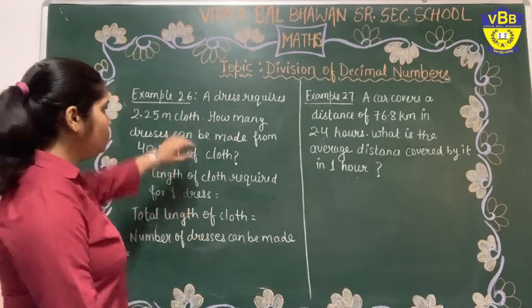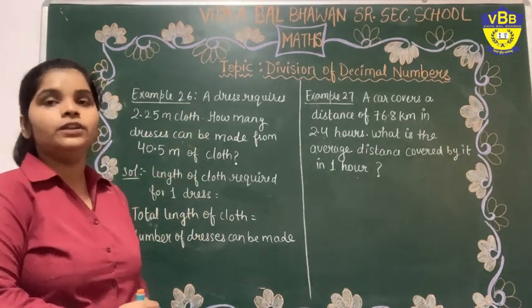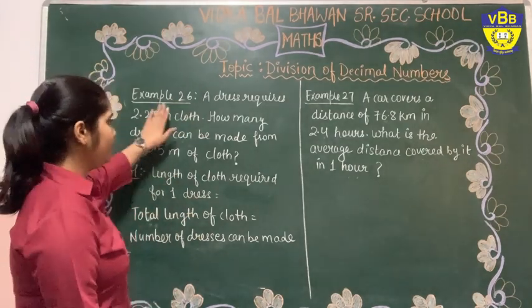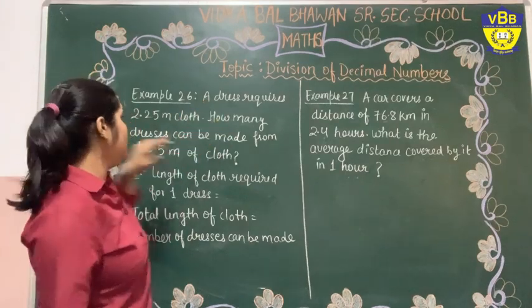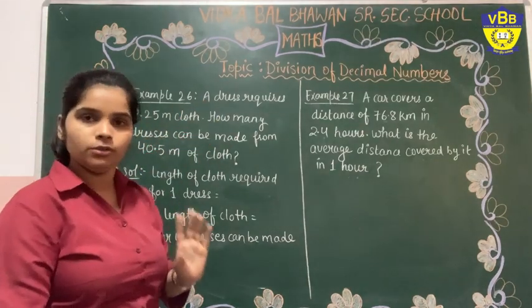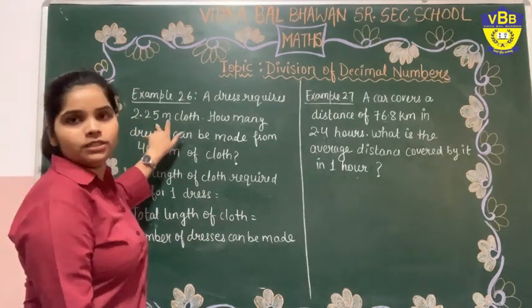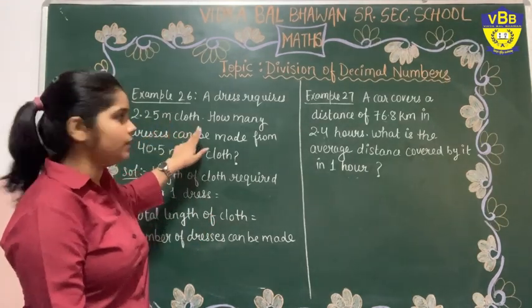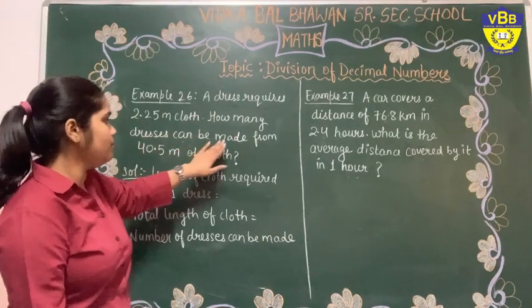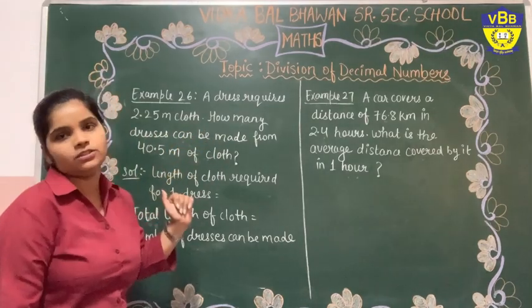Now some word problems related to division of decimal numbers. Example 26. A dress requires 2.25 meter cloth. One dress can be made from 2.25 meter cloth. It is asking how many dresses can be made from 40.5 meter of cloth.